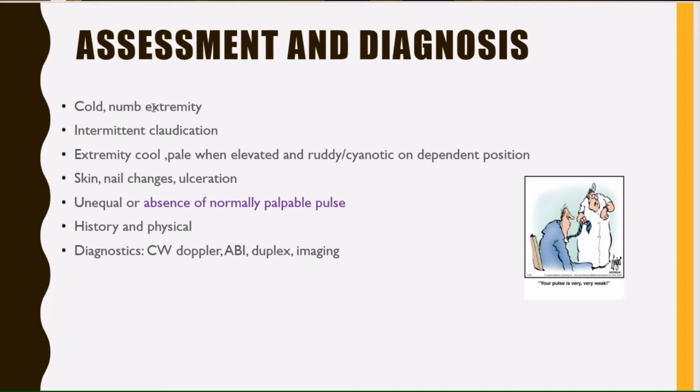So you really need to call the doctor, the surgeon, immediately, because sometimes there may be a clot that traveled and then blocked that artery. They may have to take the patient back and reopen and remove that clot. So it's very important to monitor the patient. Then assessment also includes a history and physical, and diagnostic tests like Doppler, ABI, duplex, and imaging studies.